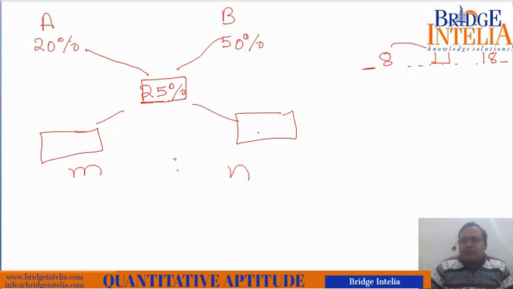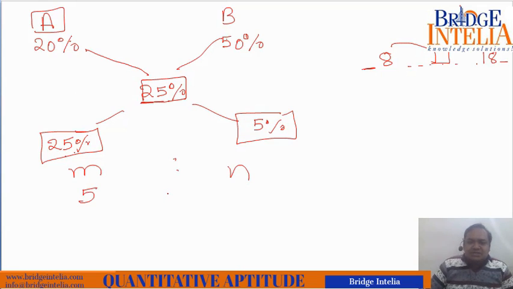Write it crossways, crisscross. So write 5 here. Similarly, take the difference between 50 and 25. The difference is 25. Write it cross. This 25 and 5 is the indicator of the ratio in which you should have mixed A and B. The ratio of 25 and 5 is 5:1. So this is the crisscross method, and earlier we saw the weighted average method.